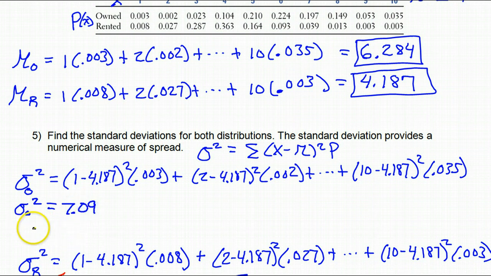So our variance is 7.09. To find the standard deviation of the owned units, we have to take the square root of both sides.